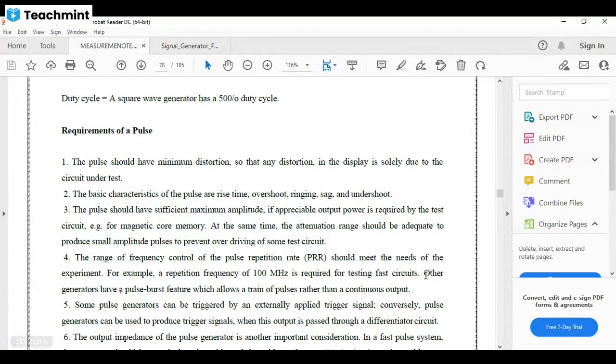Some pulse generators can be triggered by an external signal. Number 5 is that the pulse generator can be triggered by an externally applied trigger signal, and conversely the pulse generator can be used to trigger other signals, for example through a differentiator circuit.